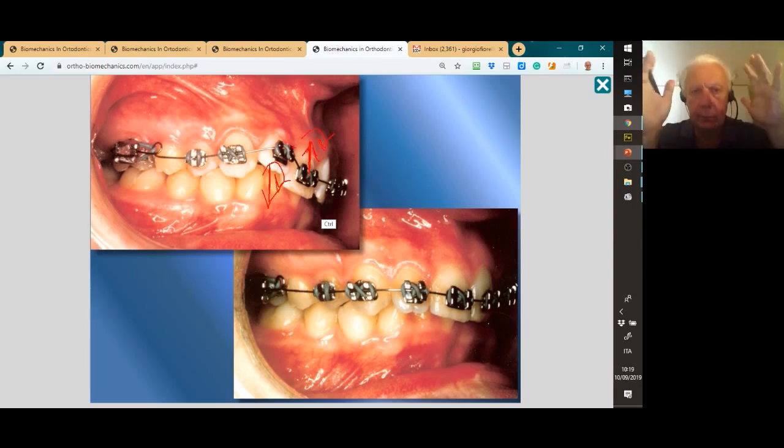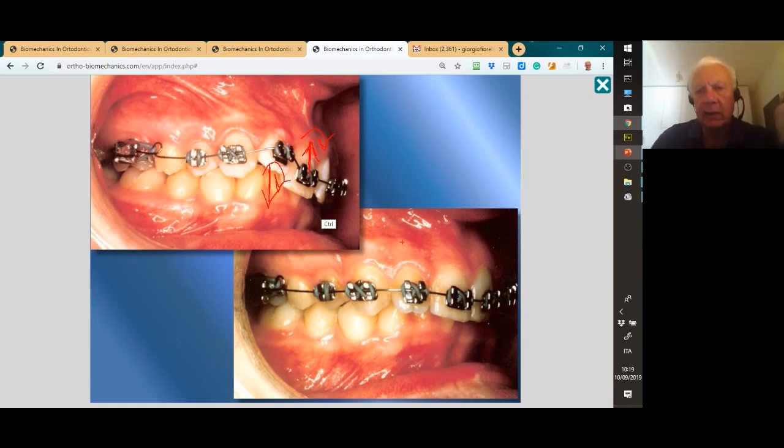Now, this is what you have learned, and this is the force system that is generated when the wire is engaged inside the slots. But what is happening in reality?